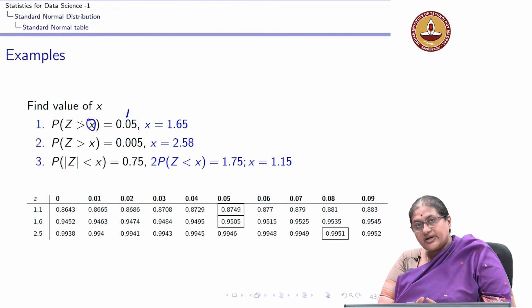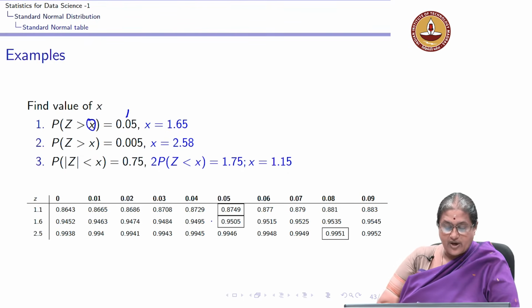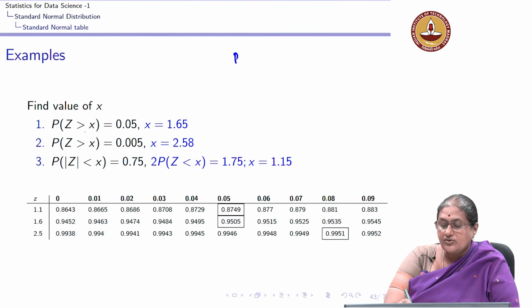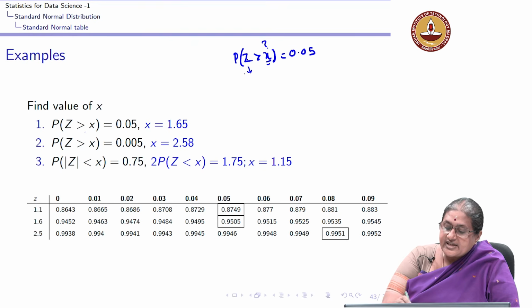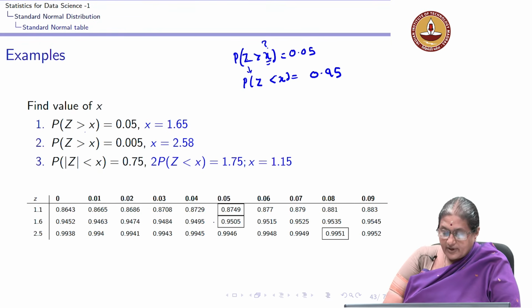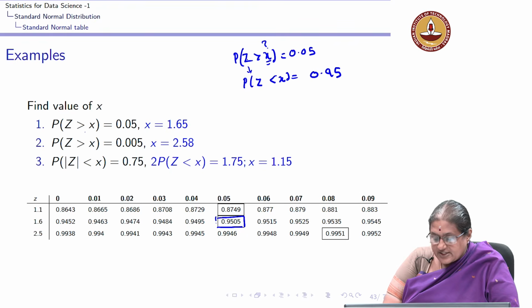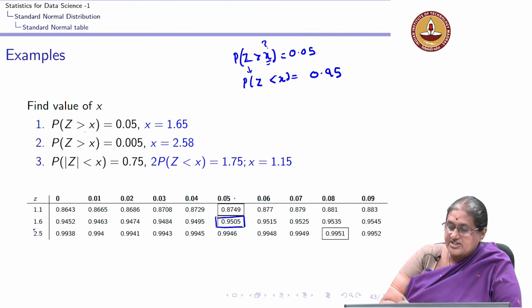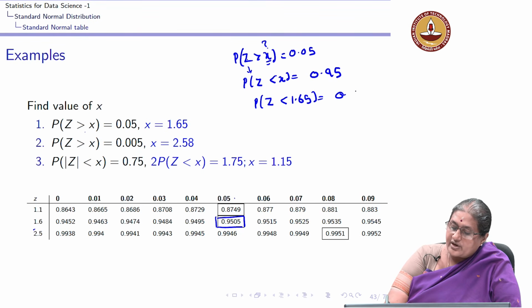So, now let us look at, given the probability, what is the value of x. From the probability tables, I know that probability z is greater than x is 0.05. What is the value of x? Probability z is greater than x is 0.05 is the same as probability z is less than x is 0.95. I go to my table, and I see that 0.95 appears with 1.65. So, probability z is less than 1.65 is 0.95.